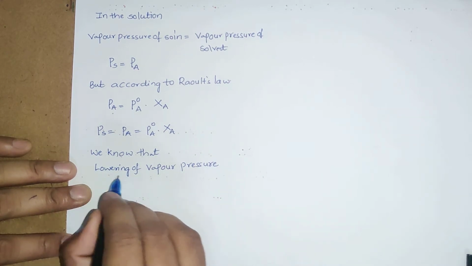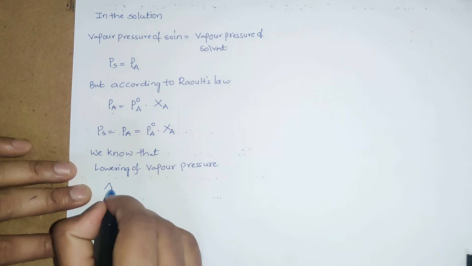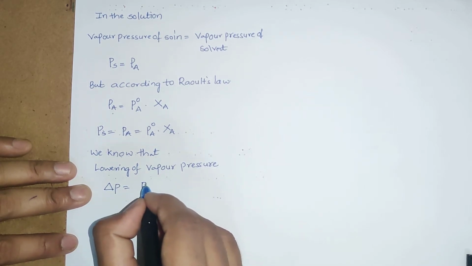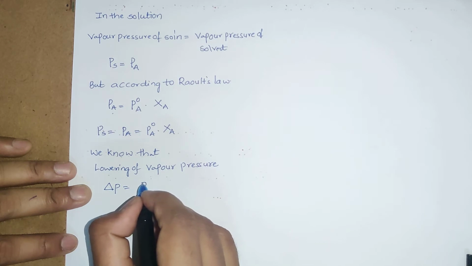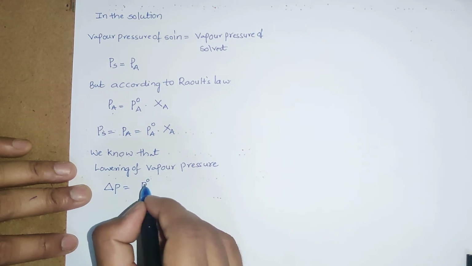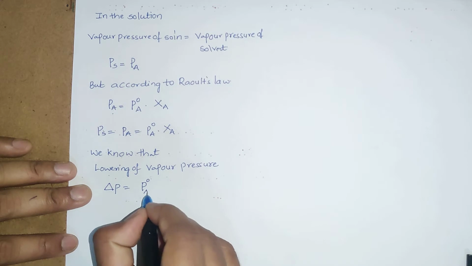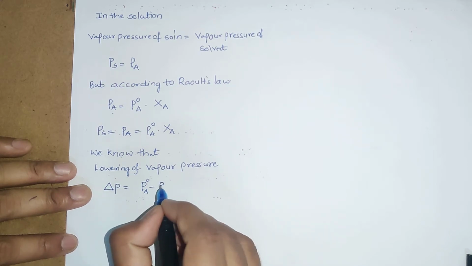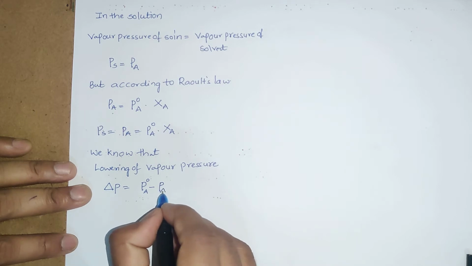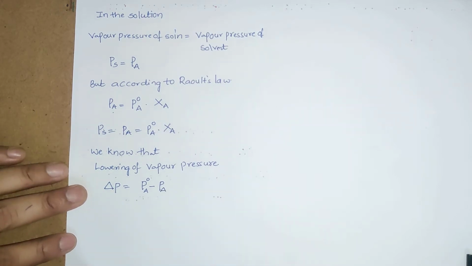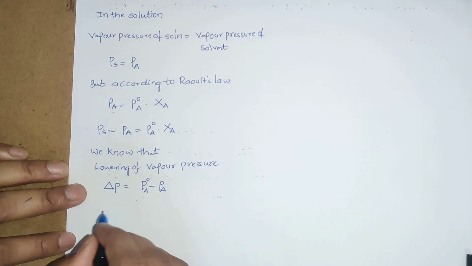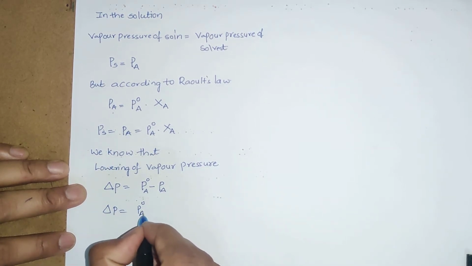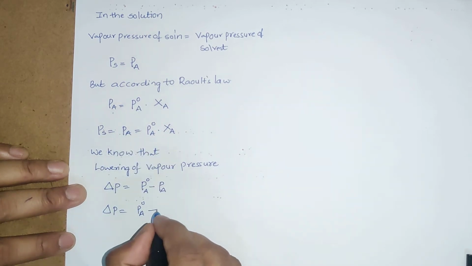How much it decreases is called the lowering of vapor pressure, that is delta P. So without the solute, the vapor pressure of pure solvent is P naught A, minus the vapor pressure of the solvent in the solution, that is PA. Delta P is equal to P naught A minus PA. But what is PA? PA is equal to P naught A into XA.